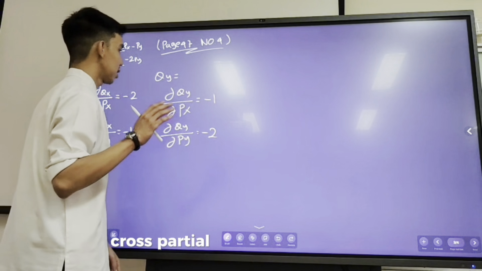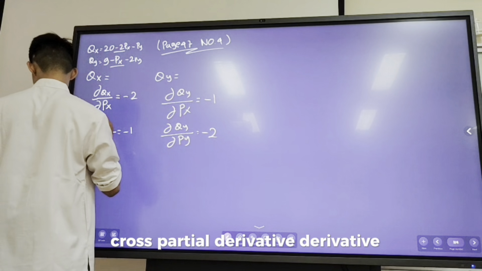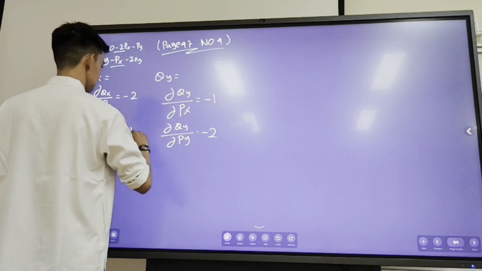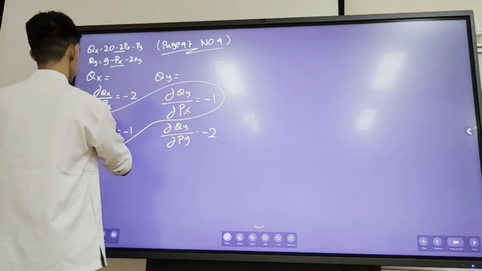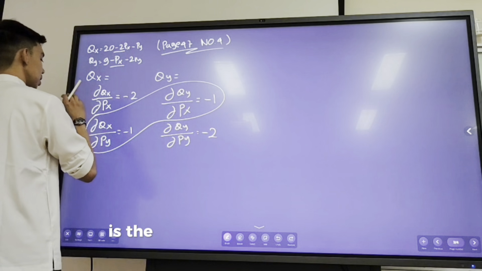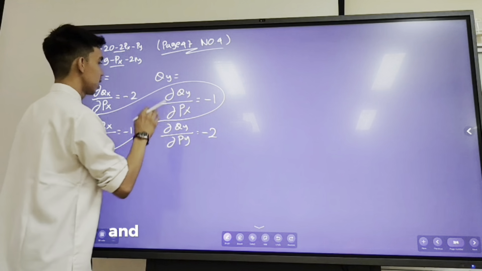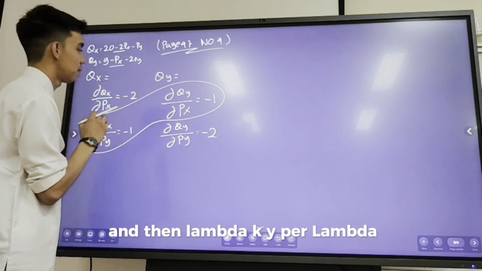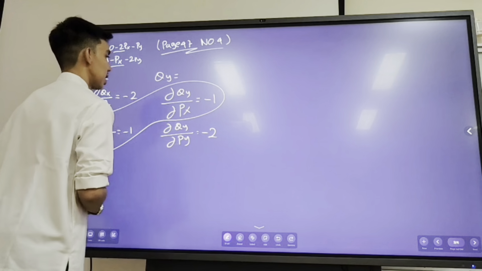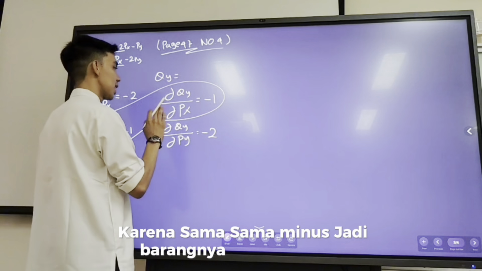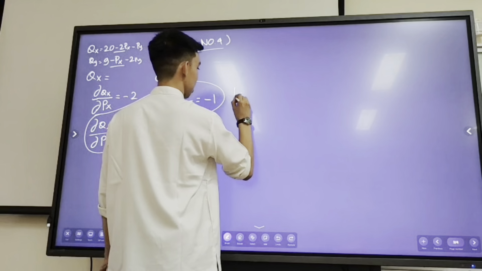Cross partial derivatives: lambda qx per lambda py is equal to minus 1, and lambda qy per lambda px is equal to minus 1. If both are negative, then the goods are complementary.